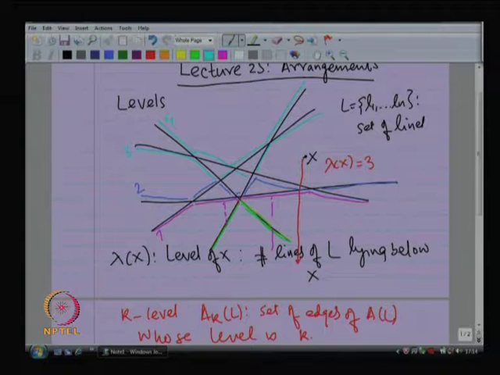I partitioned them into labels, and labels are polygonal chains. Each label is an x-monotone polygonal chain. It starts at left infinity, continues rightward and finishes at the right end. If you have n lines, there will be exactly n labels, 0, 1 up to n minus 1.